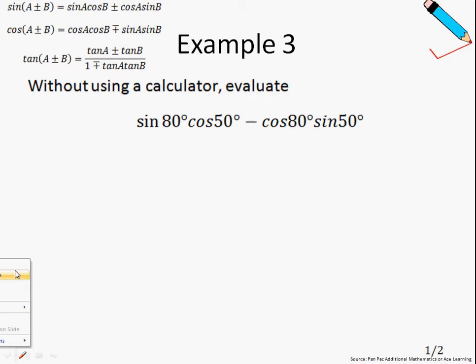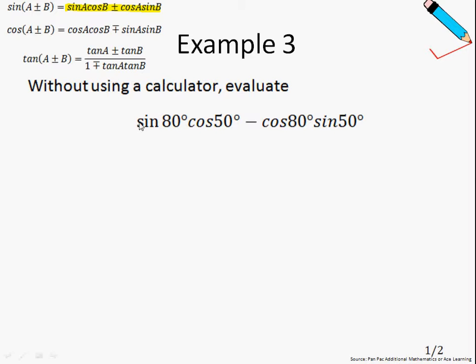Straight away, once I look at this example, I will realize some similarity between what you see in the question and the first formula at the top left hand corner of your screen. This is actually the left hand side of this formula.